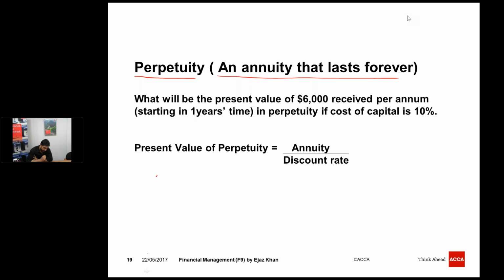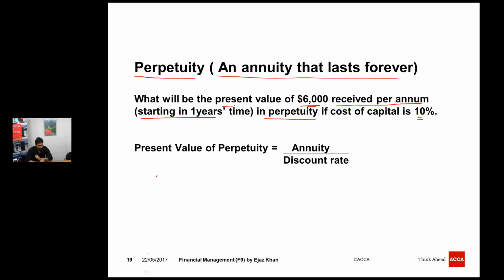Let's look at this example. What will be the present value of $6,000 received per annum starting in 1 year's time? Remember, whatever starts in 1 year's time is something normal. In perpetuity means you will receive it for an indefinite period of time. If cost of capital is 10%, what should be the present value?